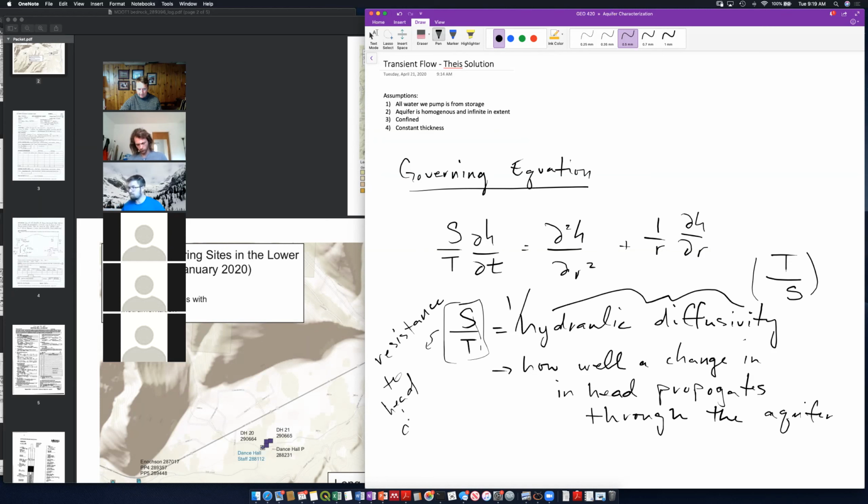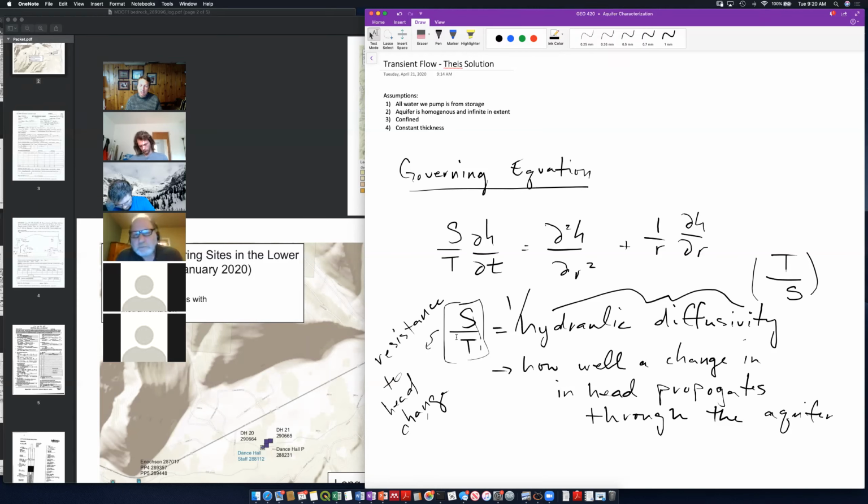Well, what does that mean? Let's think about it. If I have a lot of storage, then my resistance to head change would be large. That means I've got to pump a lot of water before I'm going to drop the head. If my transmissivity is really high, I'm going to have a low resistance to change.